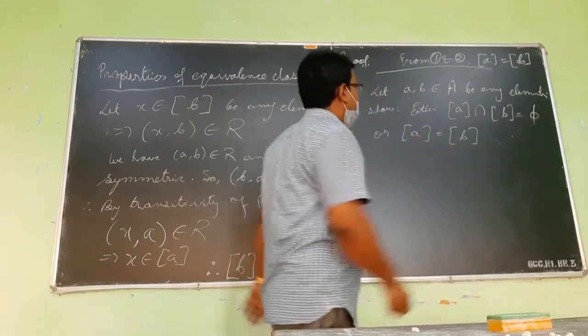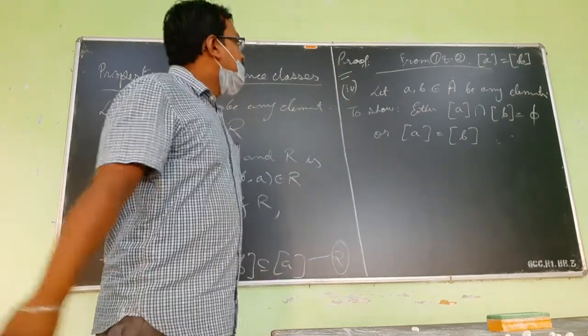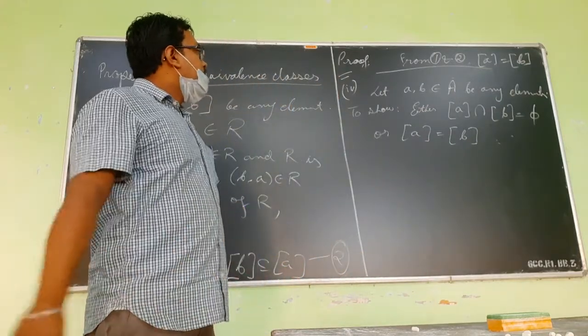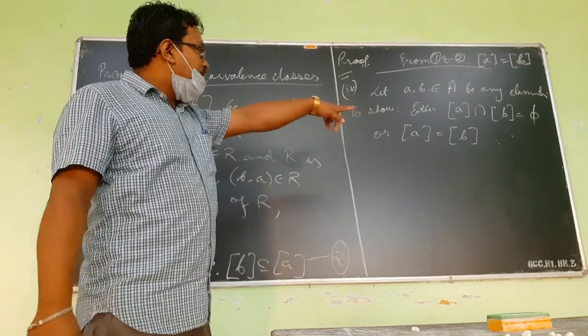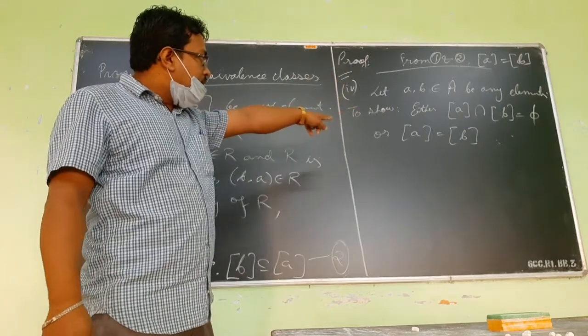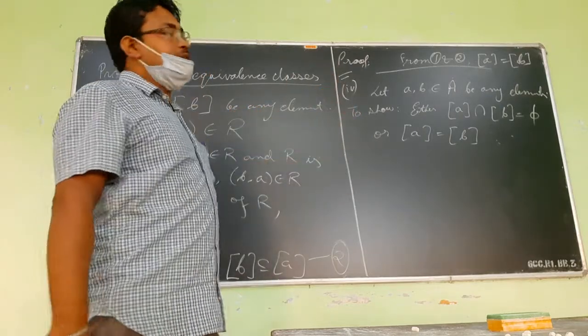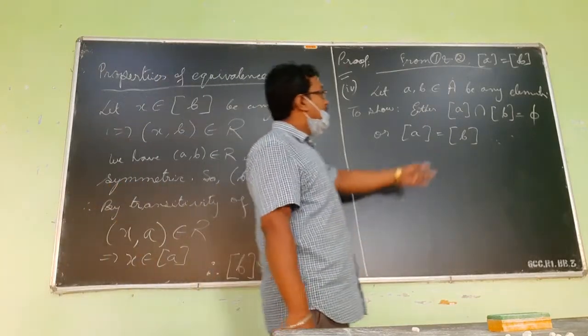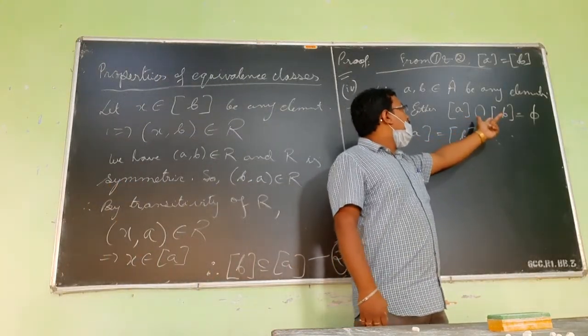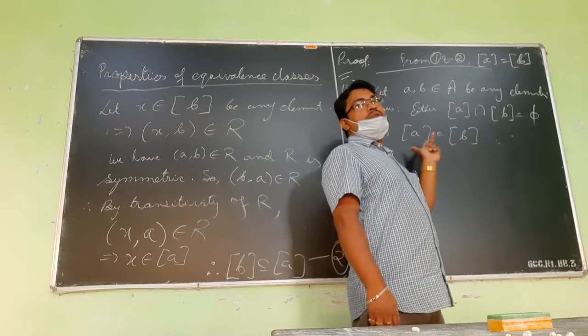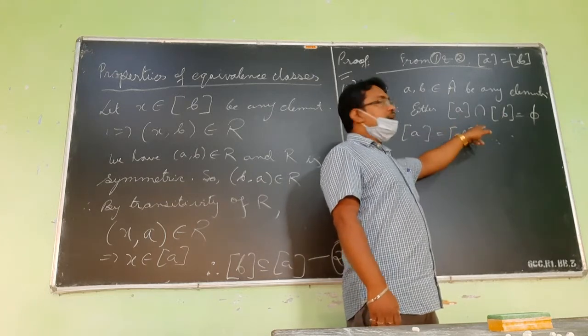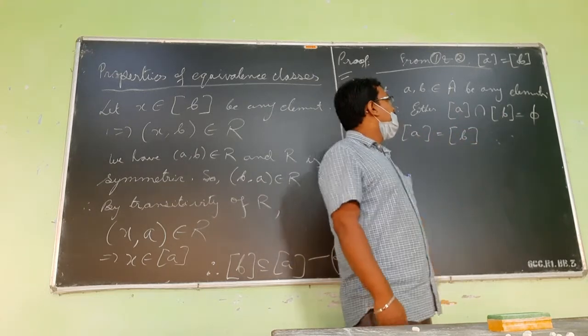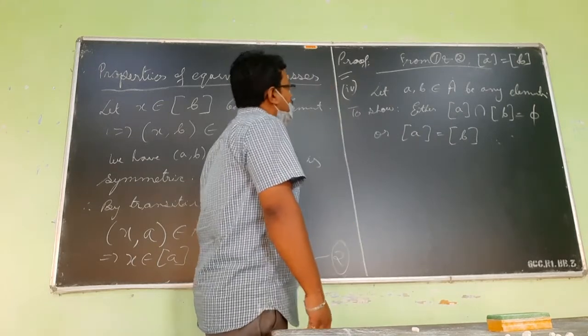Nothing else. They cannot have a partial intersection. If they are not phi, then class A should be equal to class B. If they have something in common, then they have everything in common.